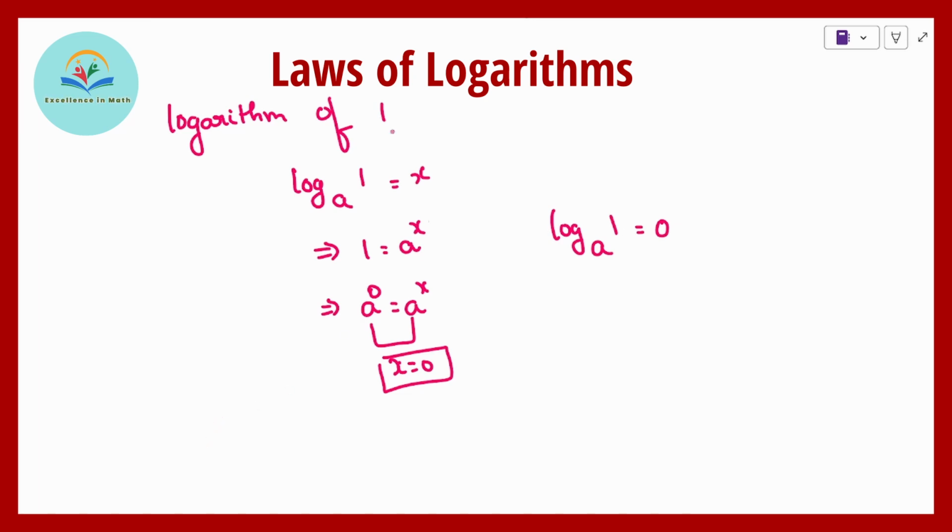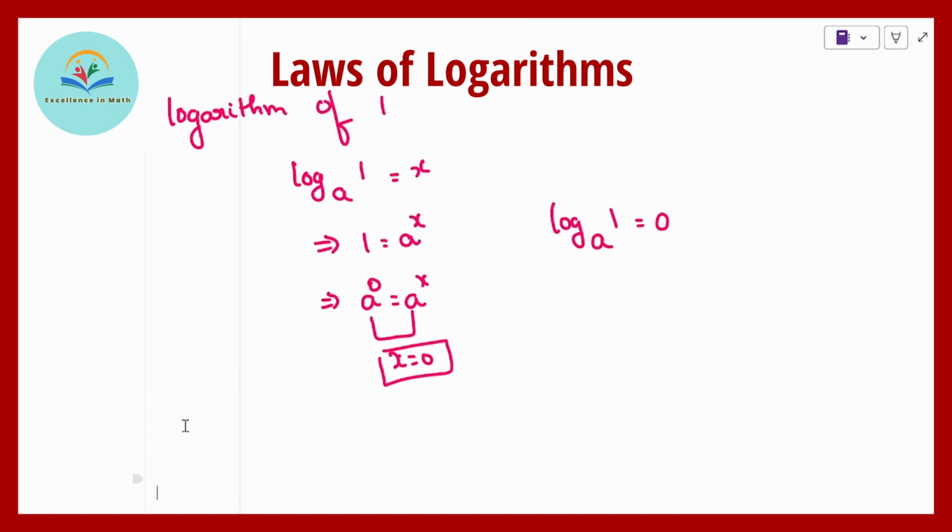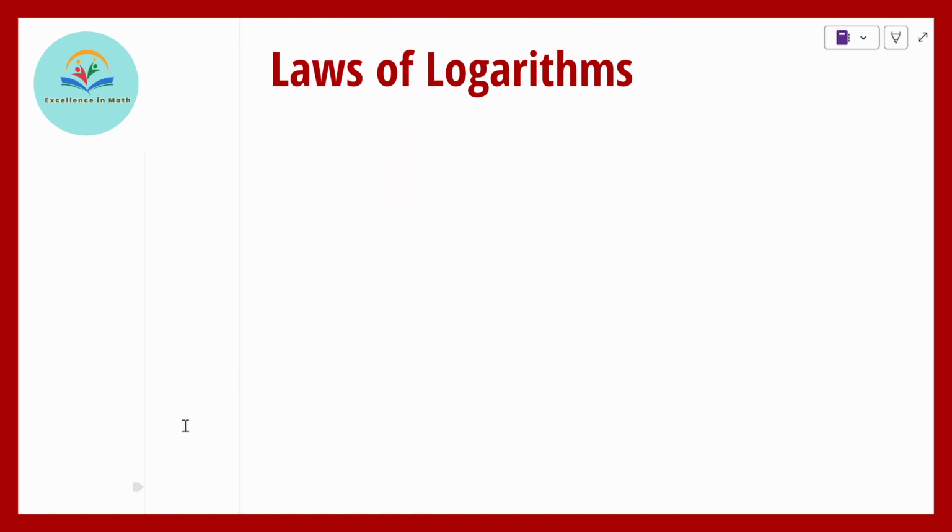Now let us try to understand last but not the least, that is logarithm of a base. Okay, let me write it. Logarithm of a base. So please consider log a base a. So here what is the base? A. So I am trying to find out logarithm of a base.